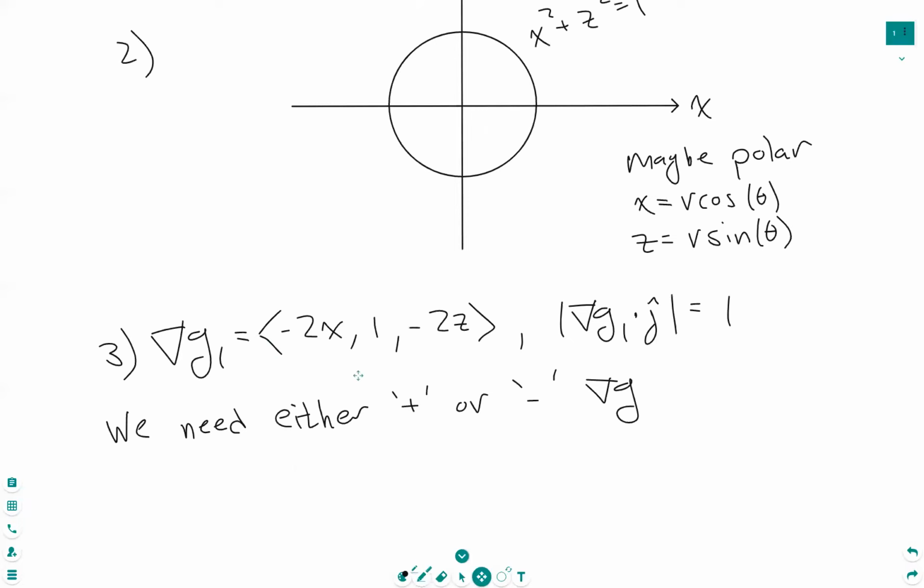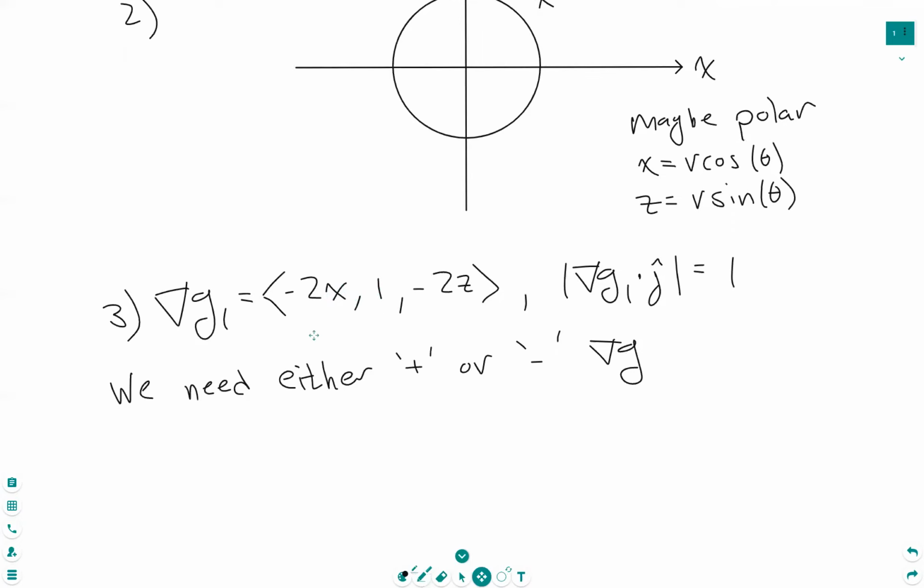So if I take a look at my gradient here, I need this to be pointed in the negative y direction. But as it stands, it's pointed in the positive y direction. So if I chose the negative, I could rectify that.